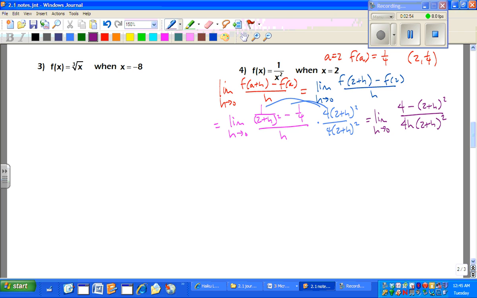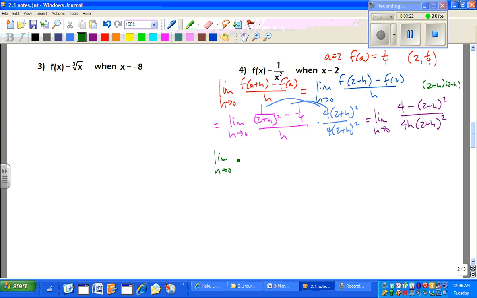Alright, from there, we need to do some simplifying. In here, 2 plus h squared, we have to multiply that out. Remember, it's not just 2 squared plus h squared. We actually have to multiply 2 plus h times 2 plus h. Also, don't forget this minus here. A lot of you missed this on the quiz last week. That minus has to be distributed to everything once we multiply this out.